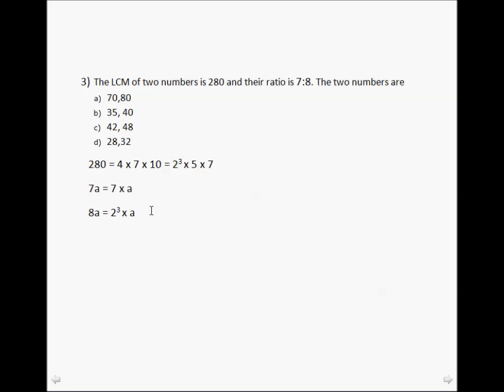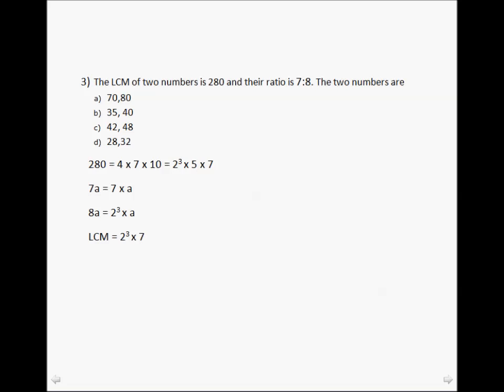Now to find the LCM of these two, what do we do? We would find the maximum power of primes, right? So the LCM would be, we know for sure that 2 is prime, so maximum power of 2 is 3. So 2 raised to power 3, and maximum power of 7 here is 7, right?